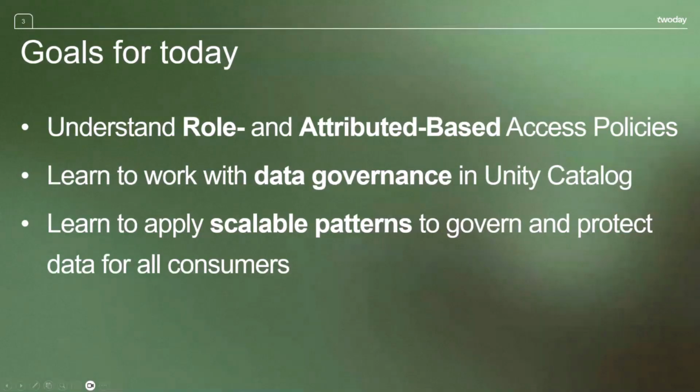So goals for today. We're going to be diving into a little bit of, I'd rather not call it theory, but we have to get a little bit of a foundation. So role and attribute-based access policies, what are they? Why are they interesting? Why are they something that I think it's worth talking about? Then we're going to be digging a little into the general governance model of Unity Catalog and Databricks.